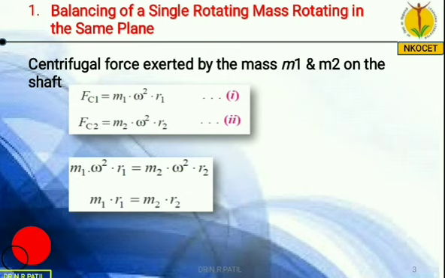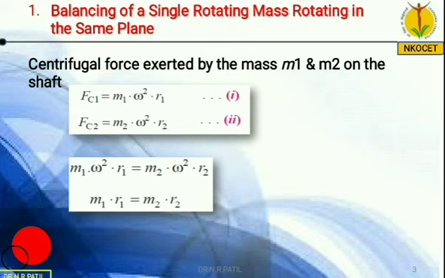The product m1 r1 of the disturbing mass must equal m2 into r2, the product of the balancing mass and its radius. So the effect of centrifugal force, that is the product m1 r1, should be balanced by m2 r2. So the magnitude must be the same.